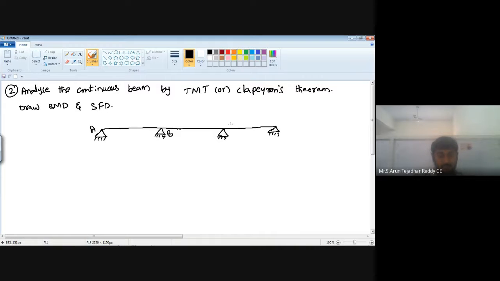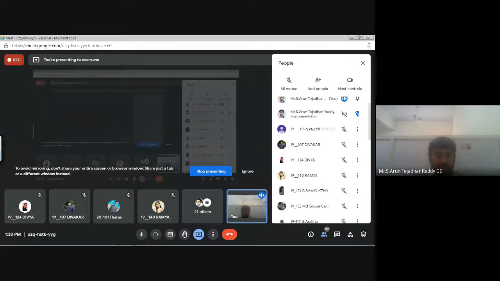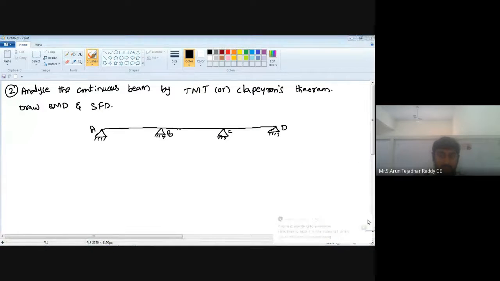here it is B, here it is C, here it is D. The given diagram is a continuous beam. Totally 4 supports are there: A, B, C, D. It means it is a 3 span continuous beam: A to B, B to C, C to D. From A to B it is an eccentric point load. 80 kilonewton load is acting, here 2 meter, here 4 meter.